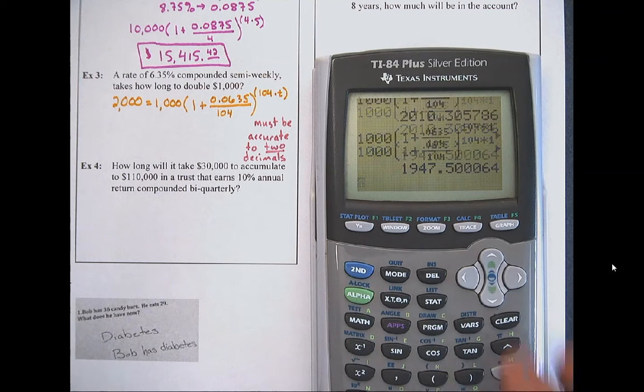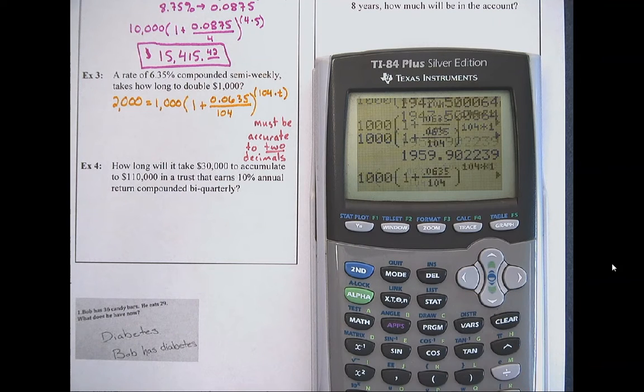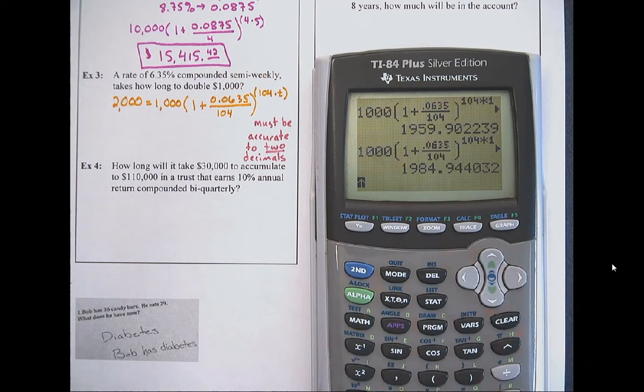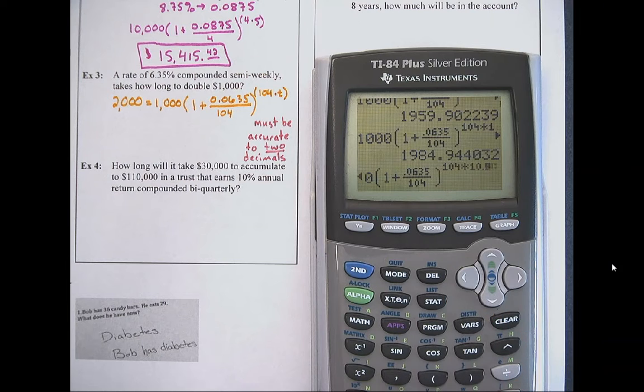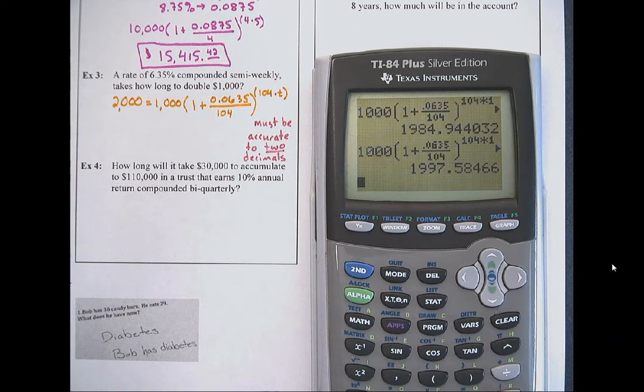That's too low. 10.6. Too low. 10.8. Too low. 10.9. Too low. So now I know it's between, because we already did 11 and 11 was too high, it has to be between 10.9 and 11.